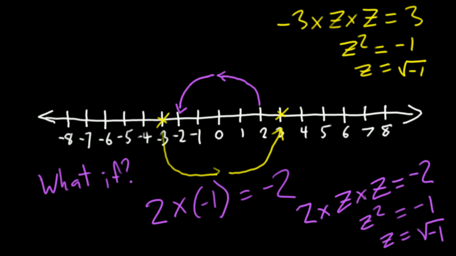So if this number, the square root of -1, exists, where is it on our number line? Well, here's a trick we can use to find it. What if we were to take 1 times the square root of negative 1?